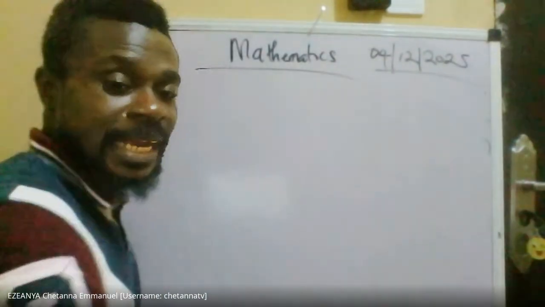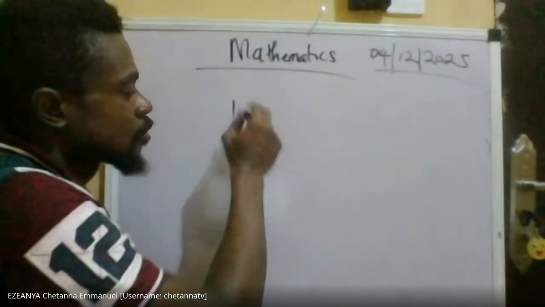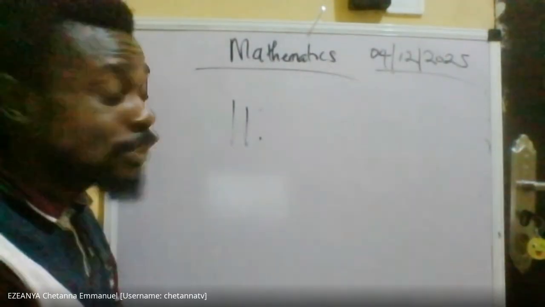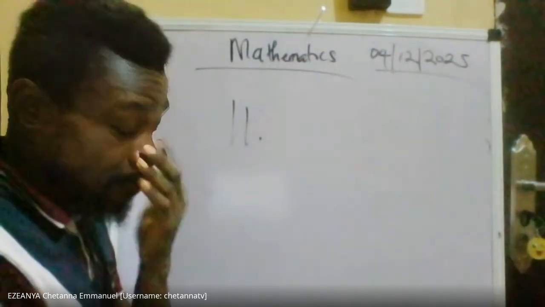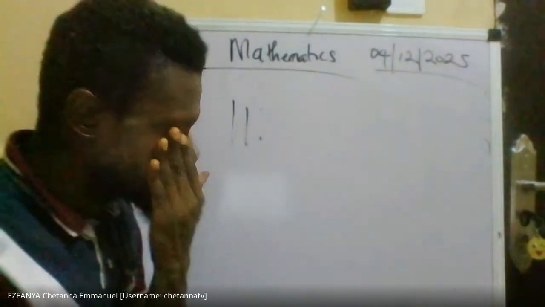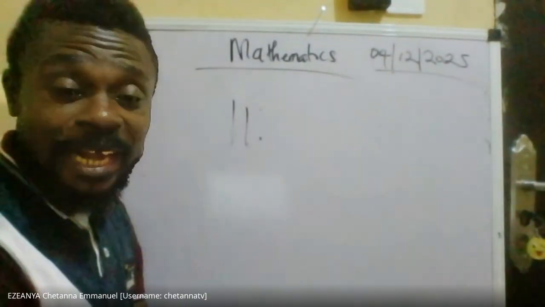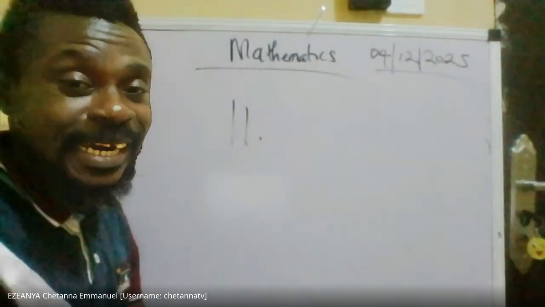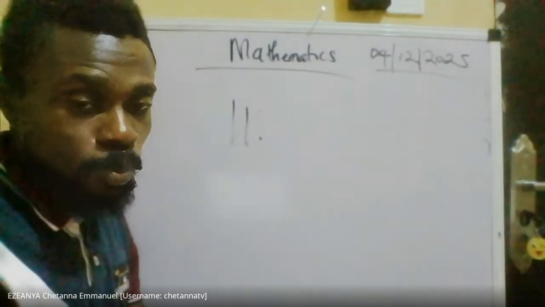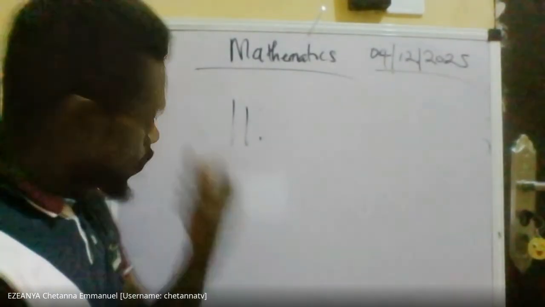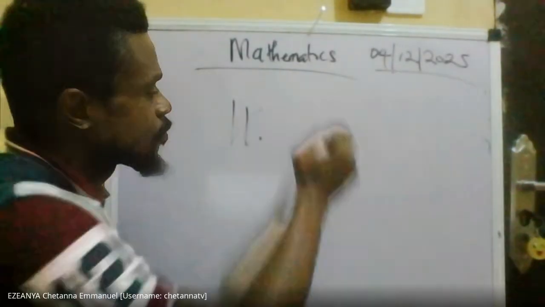Let's look at 11. 11 is a bit complex, but let's look at it. If you see a number, there are two things you check for, and either of them will tell you whether the number is divisible by 11. Let me ask you a question.